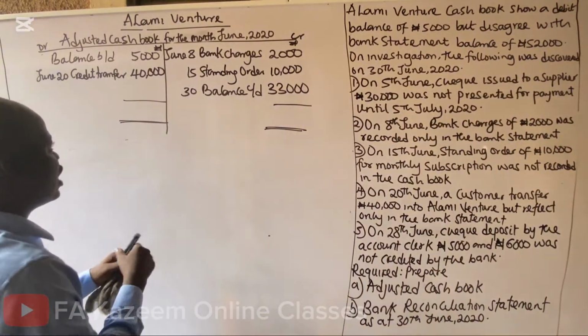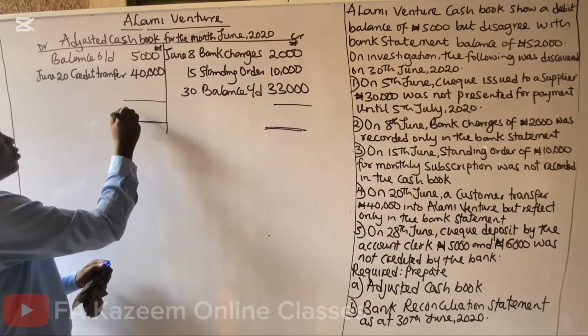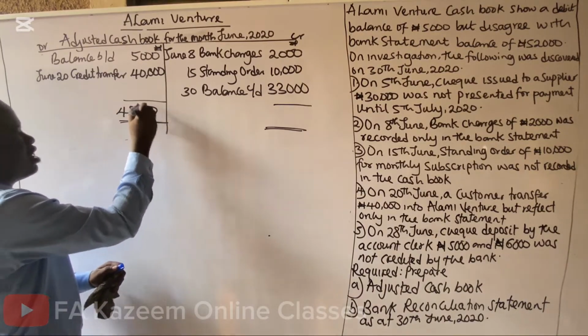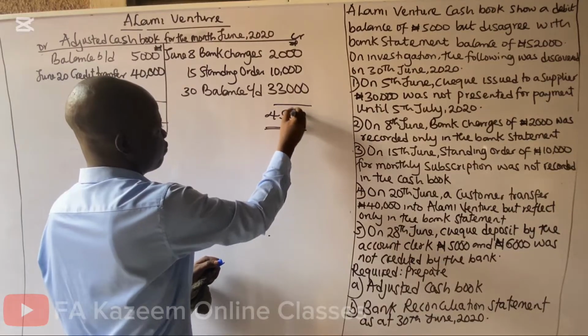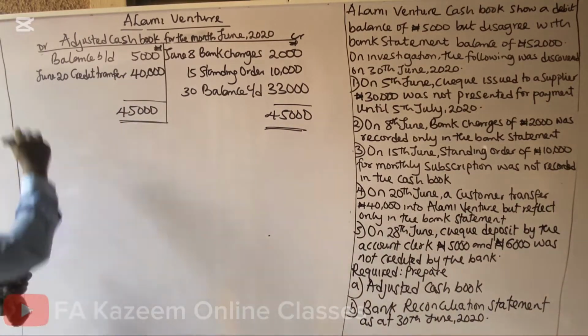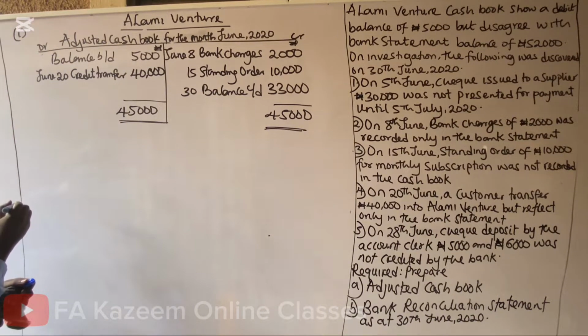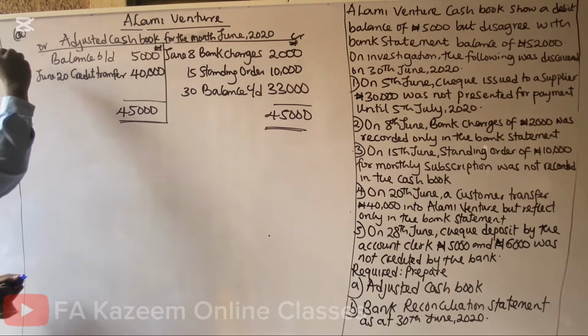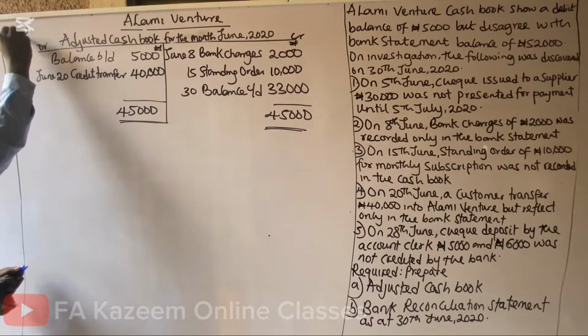Now, after this, we close our adjusted cash book, which is 45,000. Now, this is requirement A.